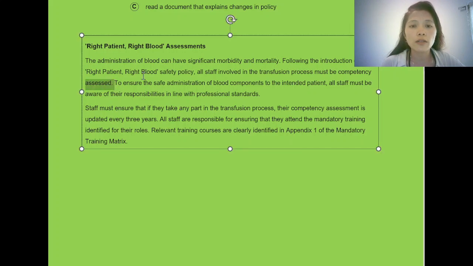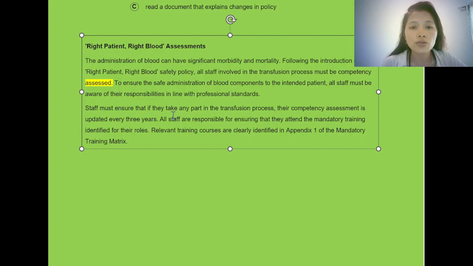So they have clearly mentioned this again, similar, right? I told you before, check and assess are the same. So we'll put these things with whichever possible answer: assess, and to ensure the safe administration of blood components to the intended patient, all staff must be aware of their responsibility in line with professional standards. There is no one talking about reading a document, right?